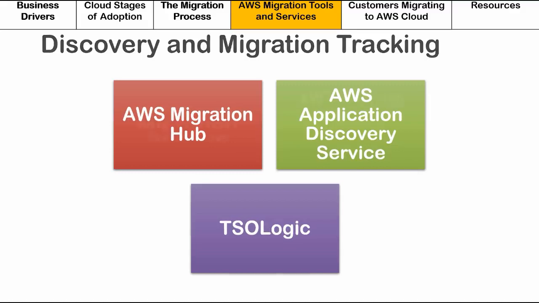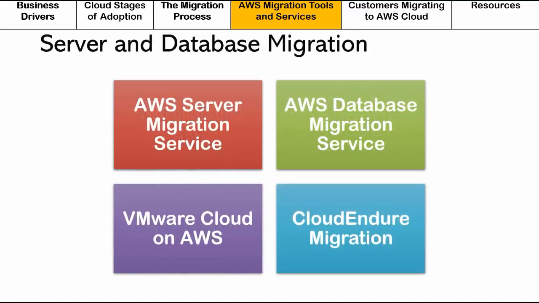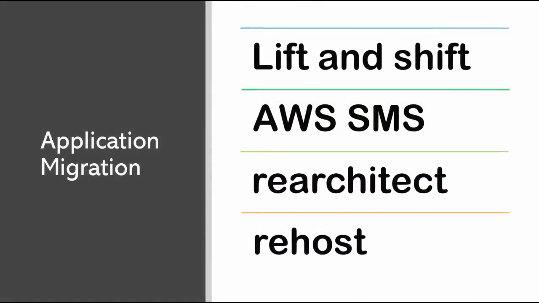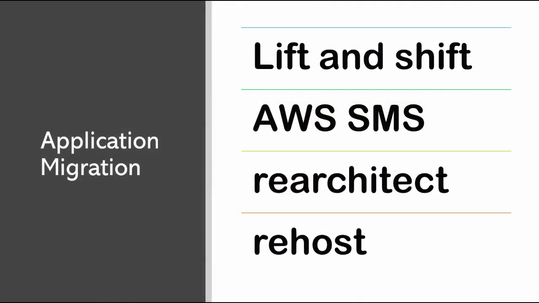To migrate your servers and databases, we have Server Migration Service, Database Migration Service, VMware Cloud on AWS, CloudEndure Migration, and there are many others, in fact. So AWS-owned services and third-party services. And of course, we will also look at how you're going to move the applications, whether you're going to do the lift and shift, or the 6 strategies, the same applicable for applications here as well.